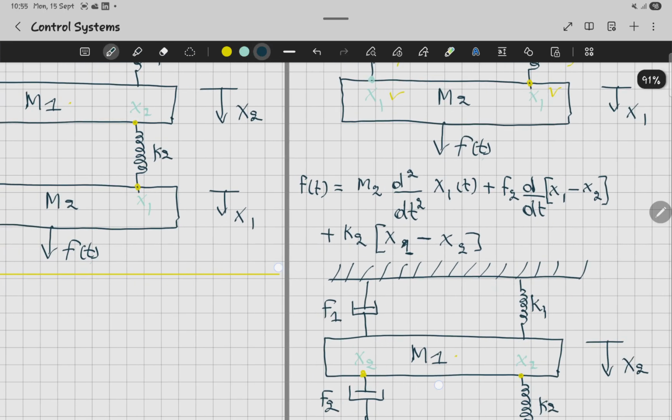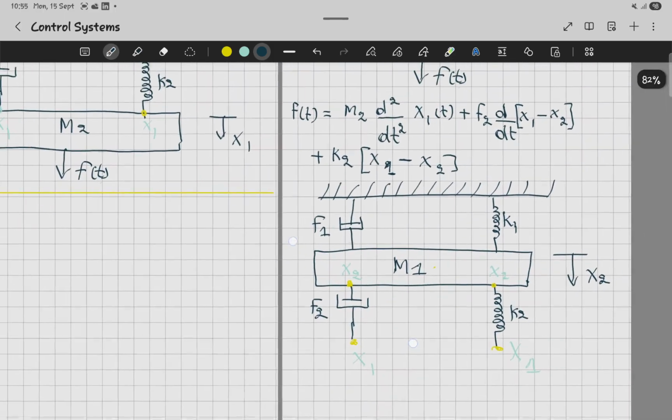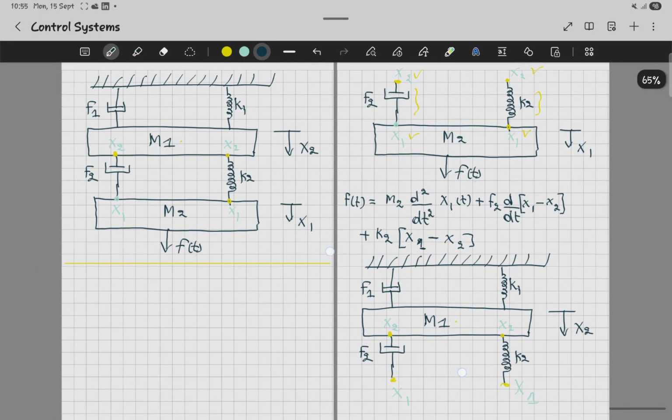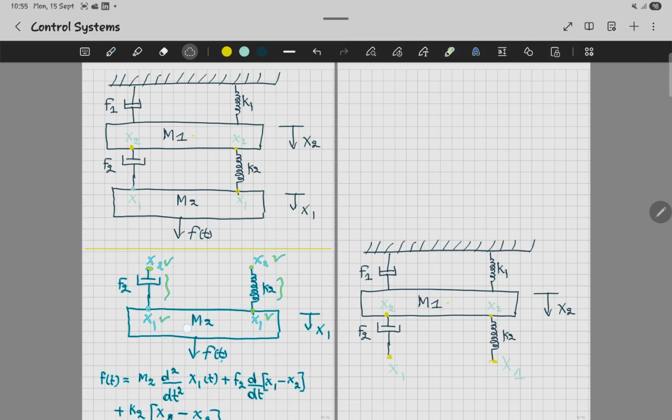Now let's solve this one. I'm going to need to move this one to this side to have some space to work.